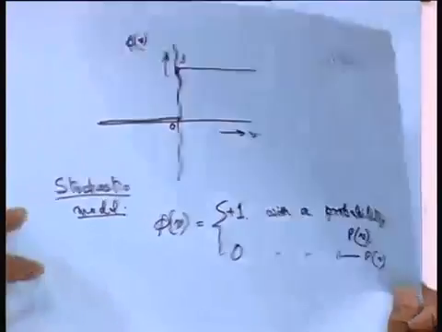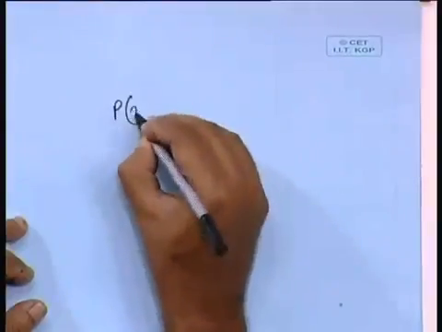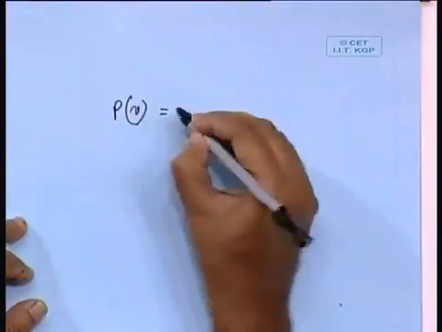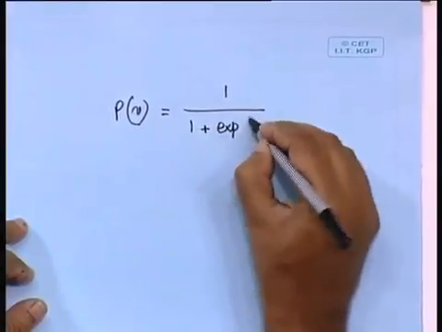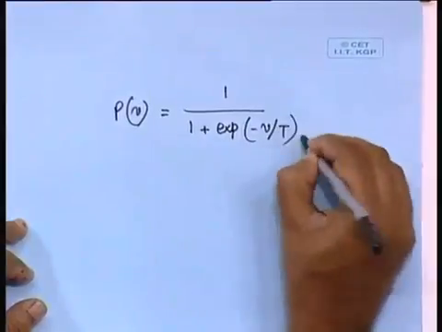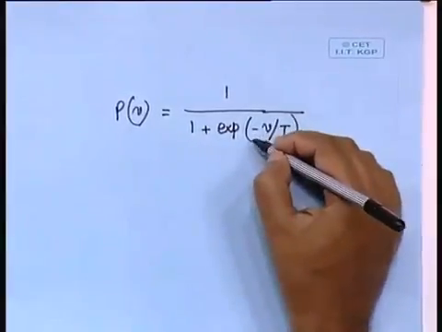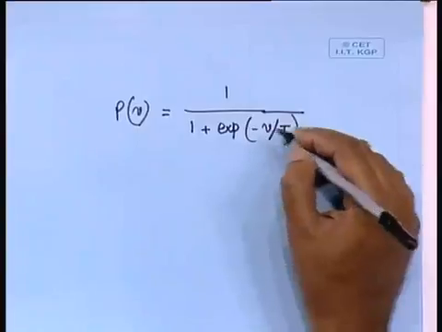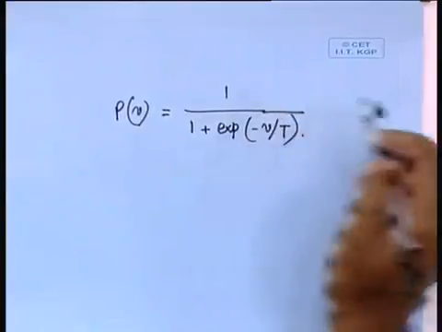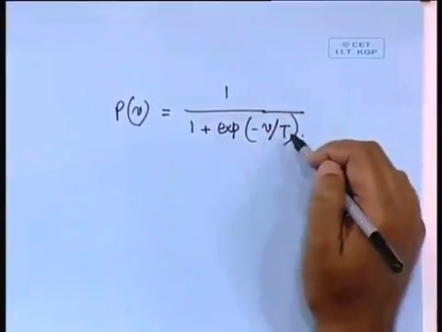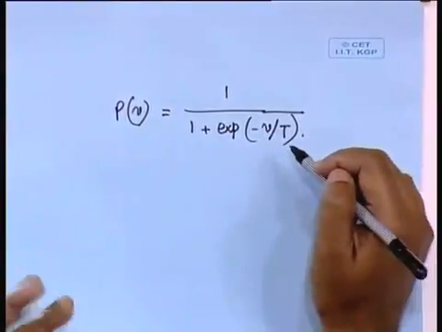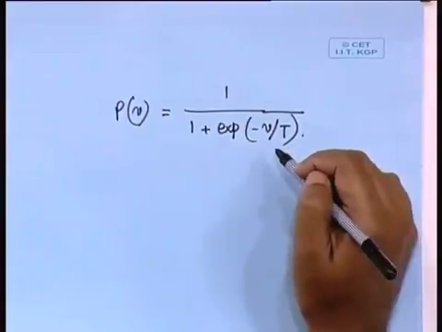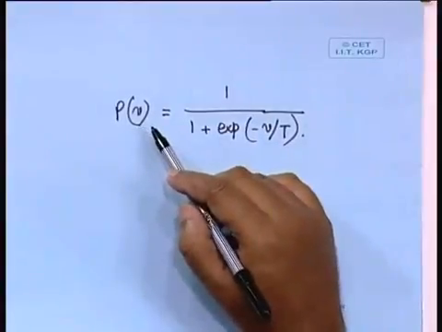This probability is often defined this way: we can consider P(V), the probability of activation, to be 1 by 1 plus exponential to the power minus V by T. V we all know, it's the same V, the activation value. The term T is a parameter that very much controls the probability.